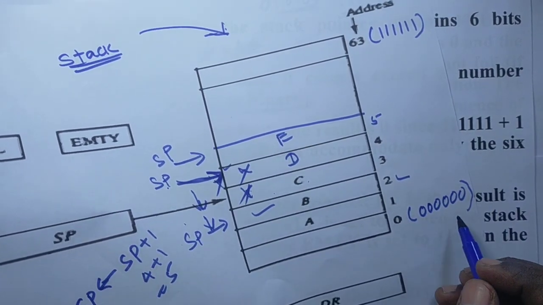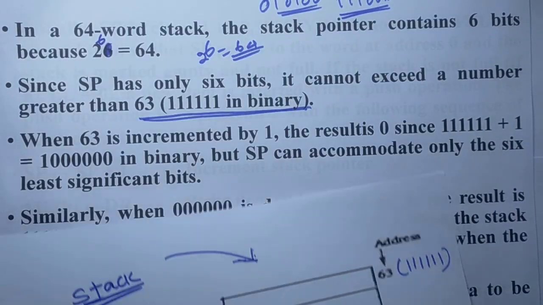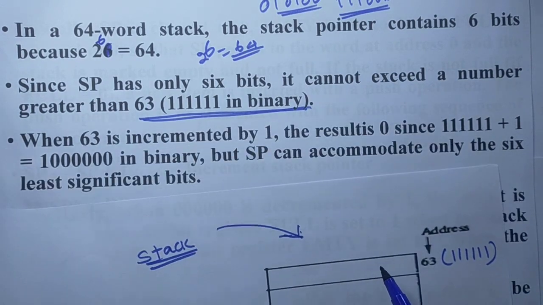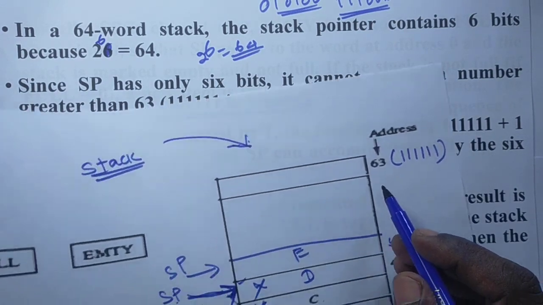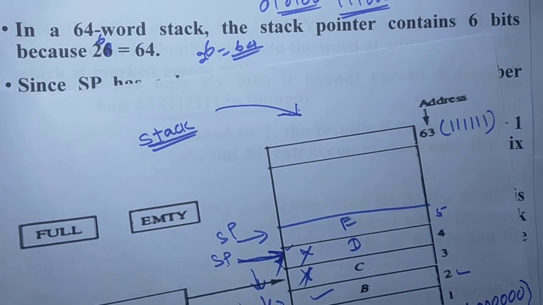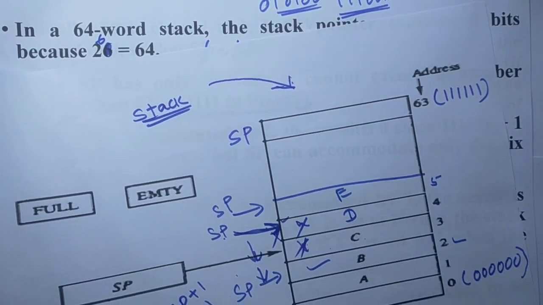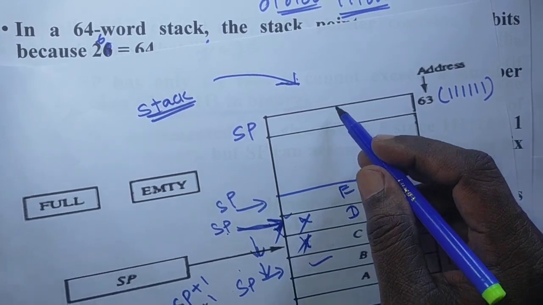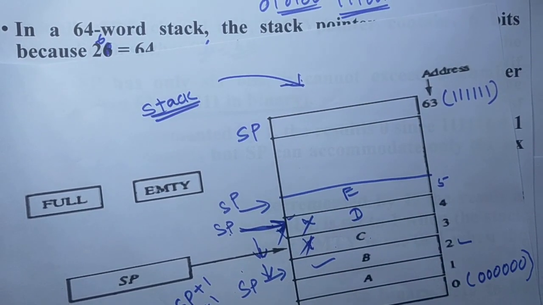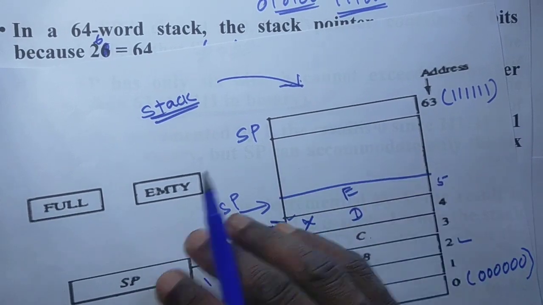Bottom position is 000000, all are 0. And suppose SP is here, the top position is here, that means data all are filled up, total 0 to 63 all are filled up.